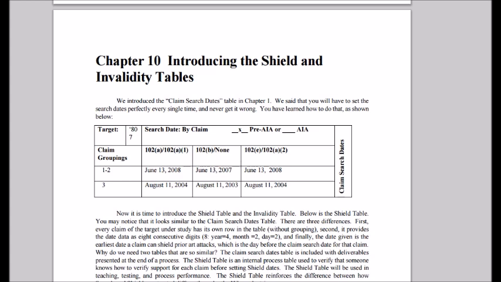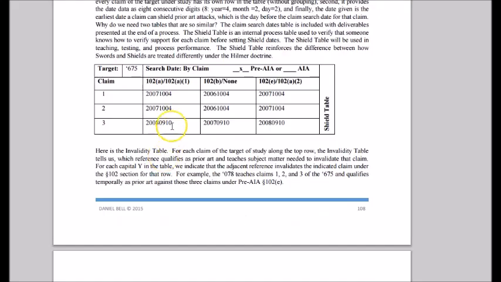A shield table tells you how far back your target can shield attacks, as far back as, for example, there's support under pre-AIA 102B, or as far back as invention under pre-AIA 102E. And then we introduce the concept of using dates in this format, which is easier for asynchronous grading purposes with the computer tools we use.